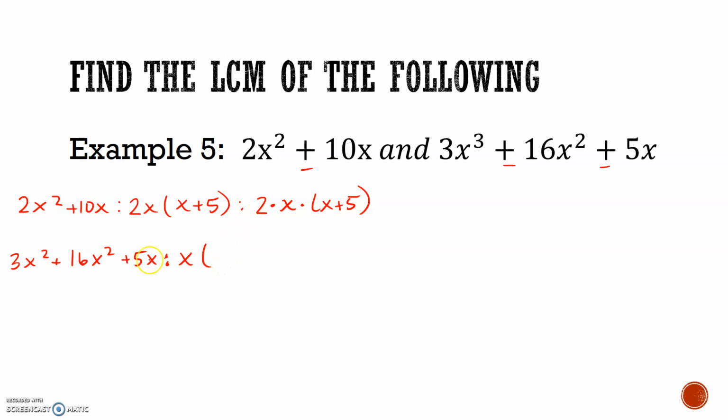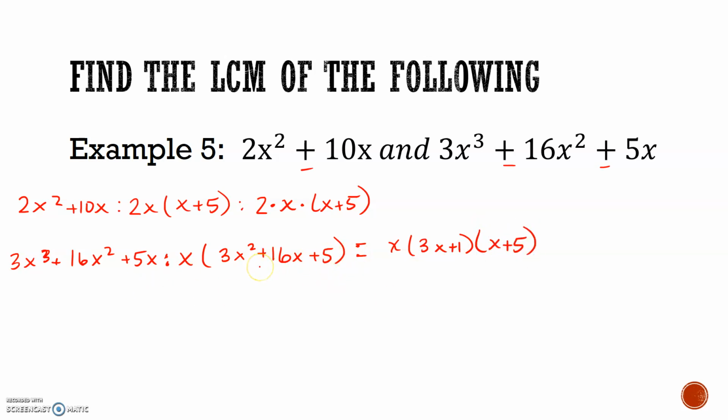Factoring that out, we have x times 3x squared plus 16x plus 5. And then that would factor out to be x times 3x plus 1 times x plus 5.